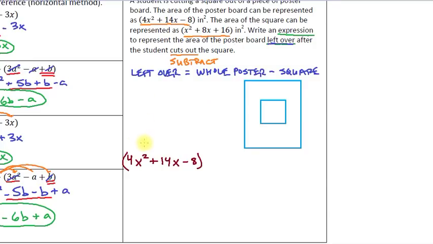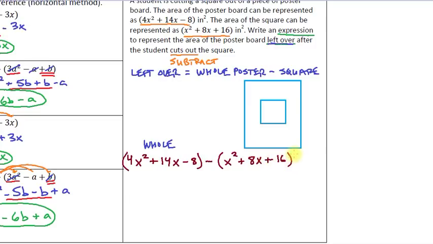This is the whole. Alright? And we're going to subtract, because this subtract means we're going to cut out the piece. What are we going to cut out? We're going to cut out the square. The square is represented by the expression x squared plus 8x plus 16.